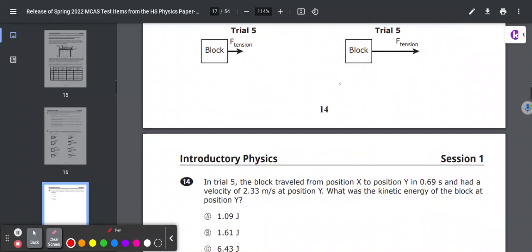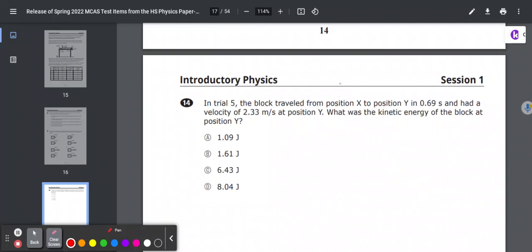Yeah, so we can move on. In trial 5, the block traveled from position X to position Y and had a velocity, and we're asked for the kinetic energy. You just have to know the formula: kinetic energy is 1/2 times mass times velocity squared. We don't need the time, it's just given to maybe confuse you.